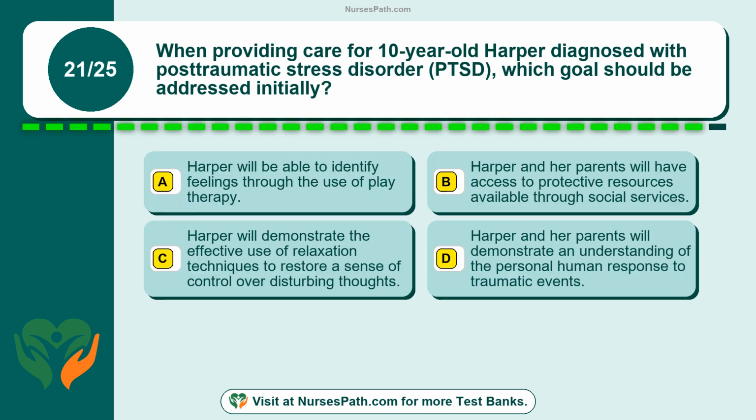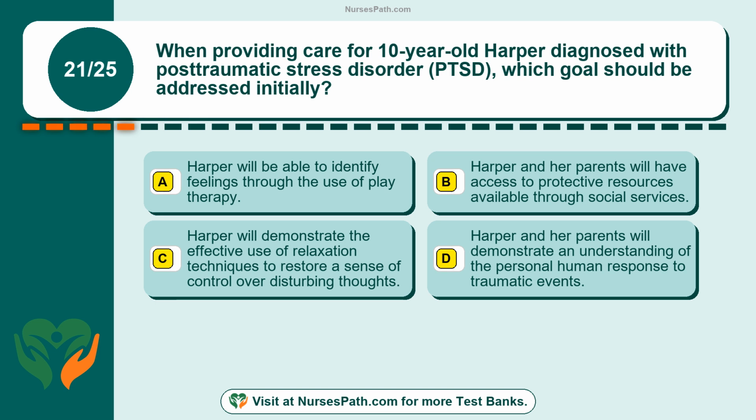Question 21. When providing care for 10-year-old Harper diagnosed with post-traumatic stress disorder (PTSD), which goal should be addressed initially? Option A. Harper will be able to identify feelings through the use of play therapy. Option B. Harper and her parents will have access to protective resources available through social services. Option C. Harper will demonstrate the effective use of relaxation techniques to restore a sense of control over disturbing thoughts.